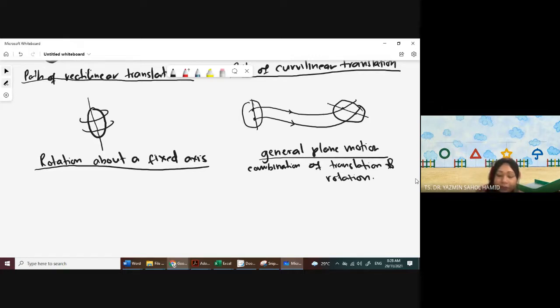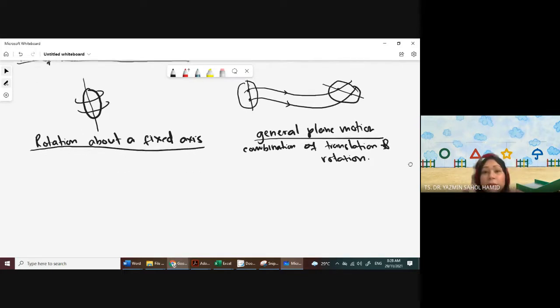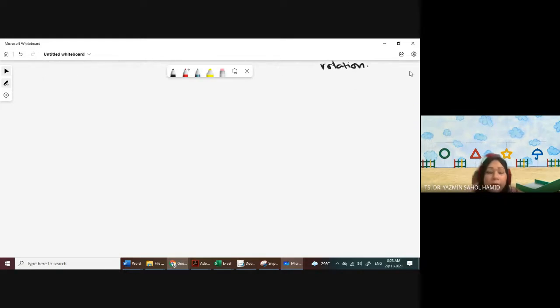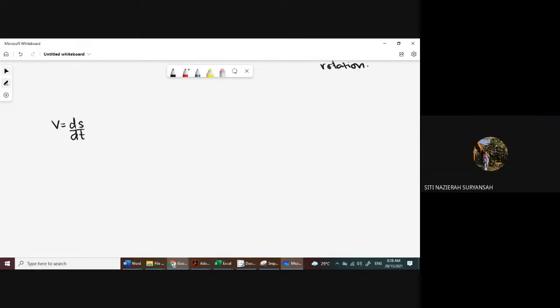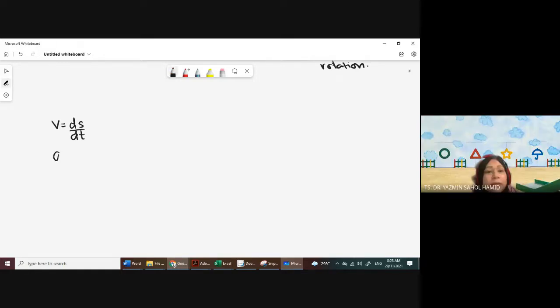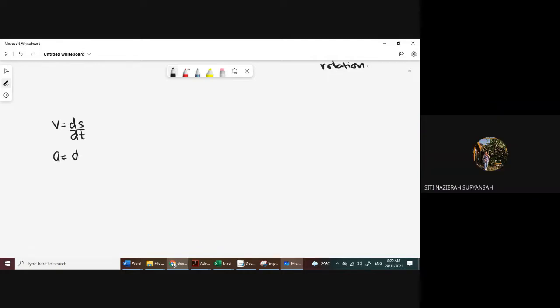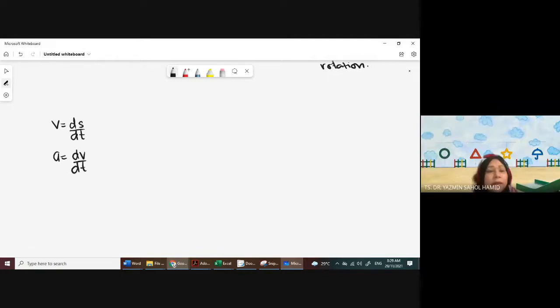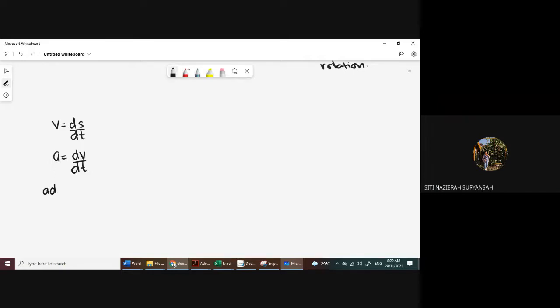Now, kita nak kembali balik kepada formula-formula yang sebelum ni yang kita belajar. Okay, now do you remember the formula for velocity? Kinematics of particles? V equals to ds over dt, lagi a acceleration equals to dv over dt, lagi a ds equals v dv.